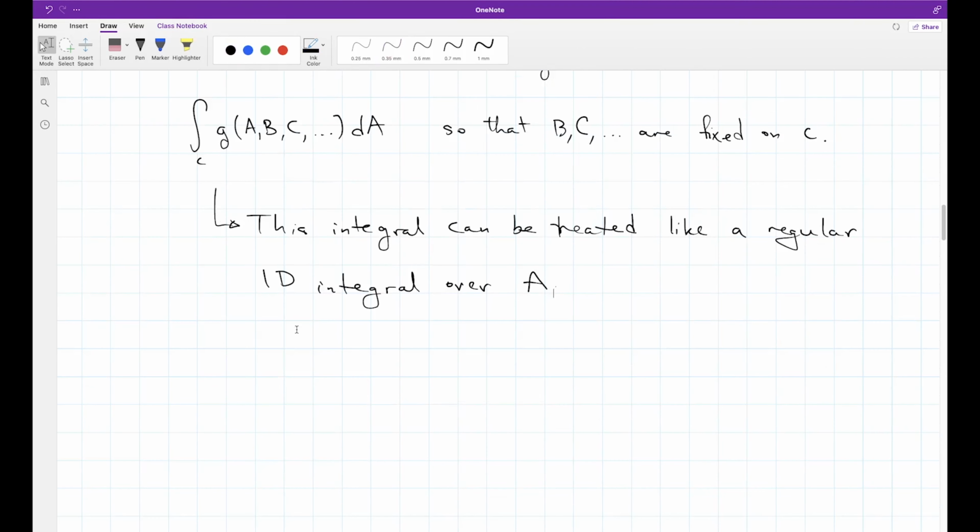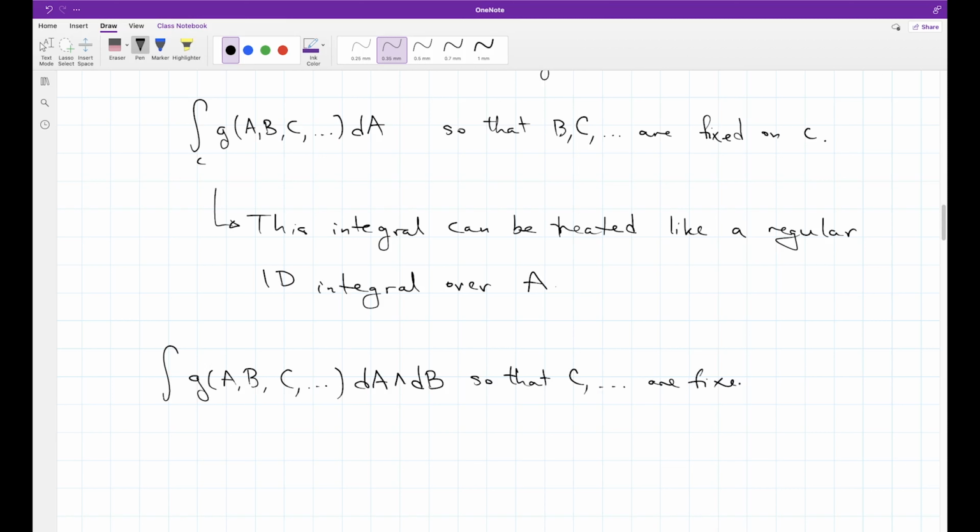We're going to use the exact same methodology to evaluate 2 forms. So now, suppose that we have some function, we'll still call it g, of A, B, C, and so on, dA wedge dB, so that C and so on are fixed on our surface S. This integral is just an ordinary area integral.